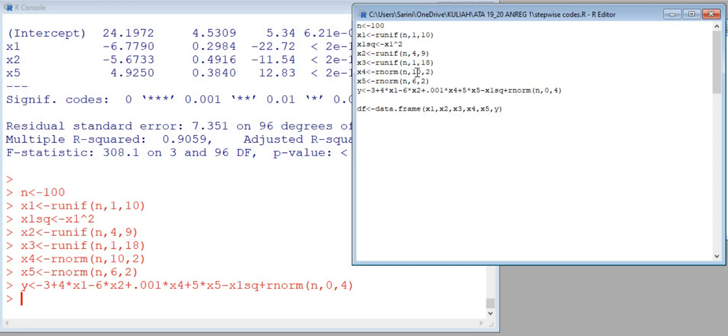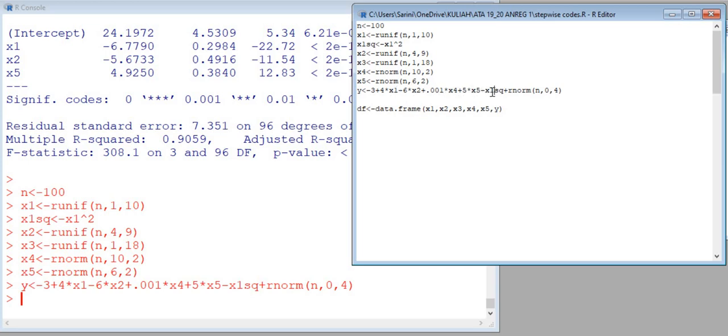Okay, so that's why, by setting relatively larger coefficient parameters here, I can say that the ones that should come out as significant variables are x2, x1, x5.